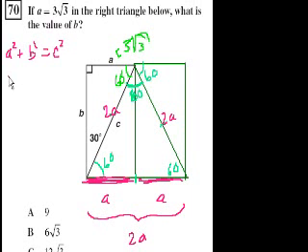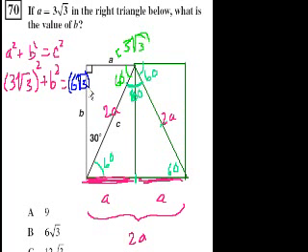So a squared would be 9 times, let me write it down. 3 roots of 3 squared plus b squared is equal to, let me do it in another color. What's c? C, we just figured out, is 2 times a. So it's 6 roots of 3. 6 roots of 3 squared. That's what we did all of this stuff for, to figure out that this length is twice that length. Fair enough. Now let's simplify.